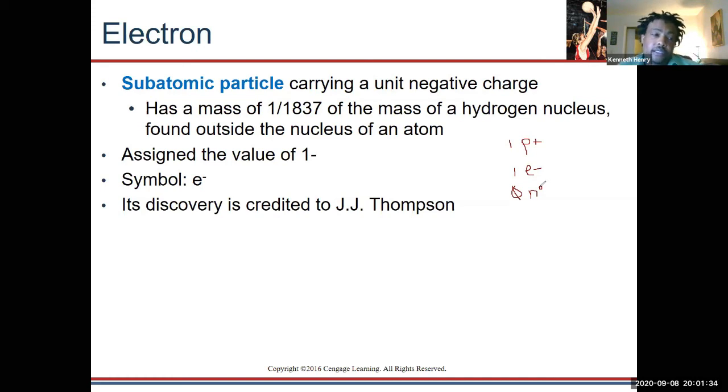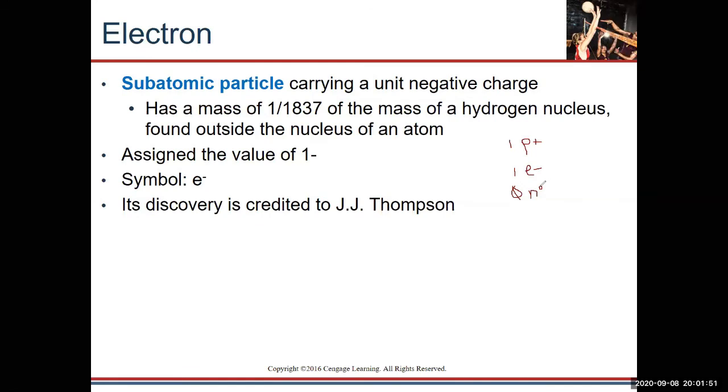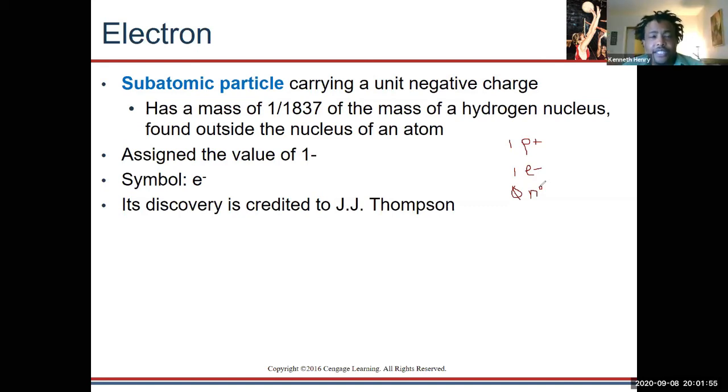So in other words, to put it real simply, the electron is like a speck of dust on a proton. So let's say, for instance, I weigh 220 pounds. If I put a speck of dust on my shoulder, what am I going to weigh? The same. Exactly the same. So in other words, the electron doesn't affect the weight of the atom.